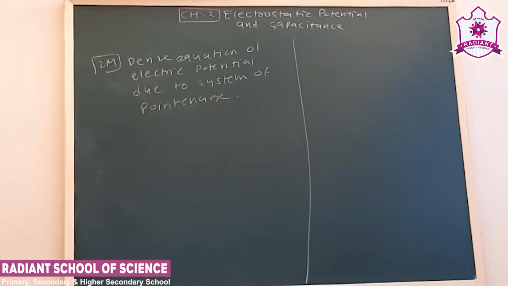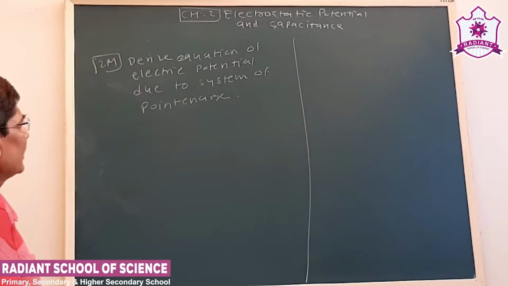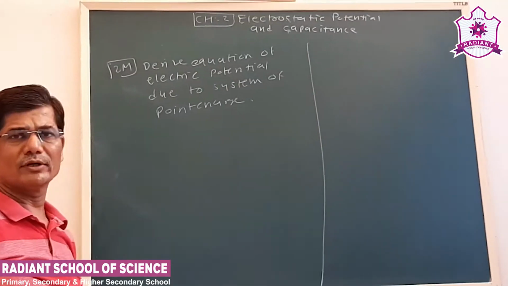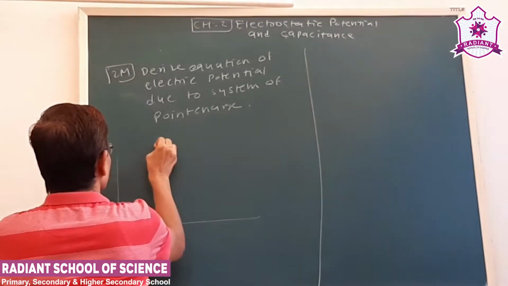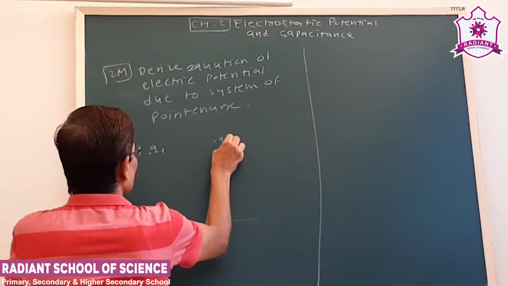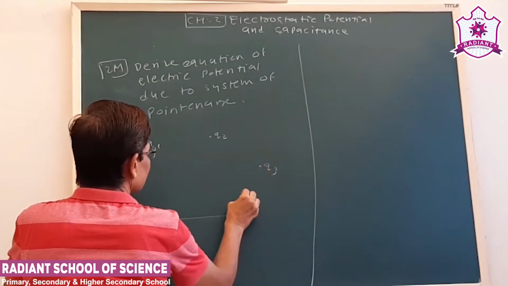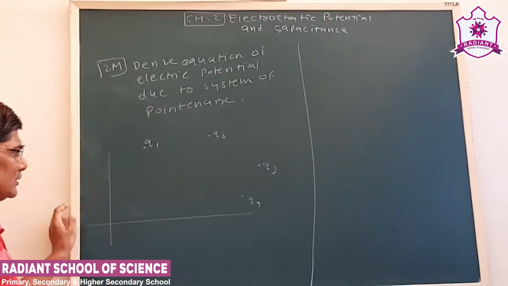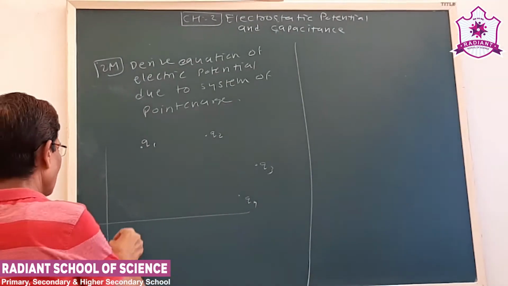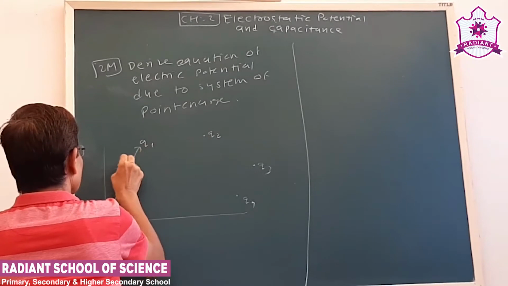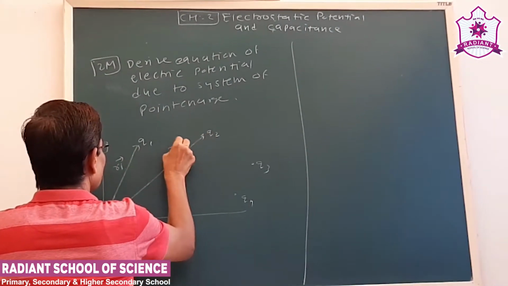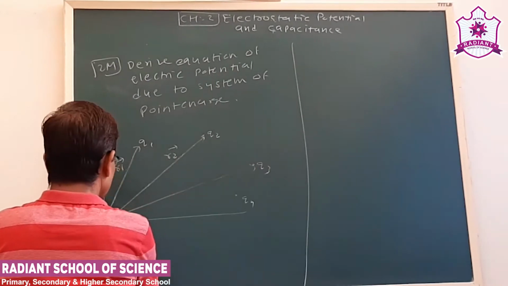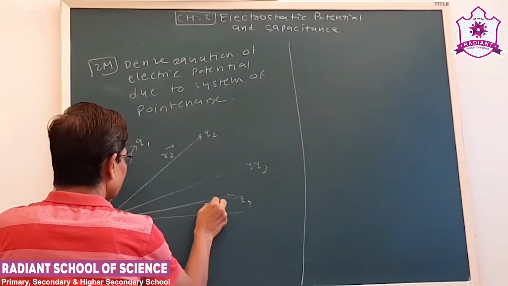Derive the equation of electric potential due to a system of point charges. Now let us say Q1, Q2, Q3, Qn are point charges. Their position vectors with respect to origin are R1, R2, R3, Rn.